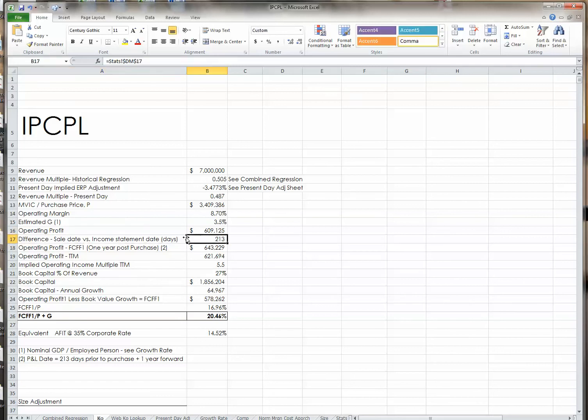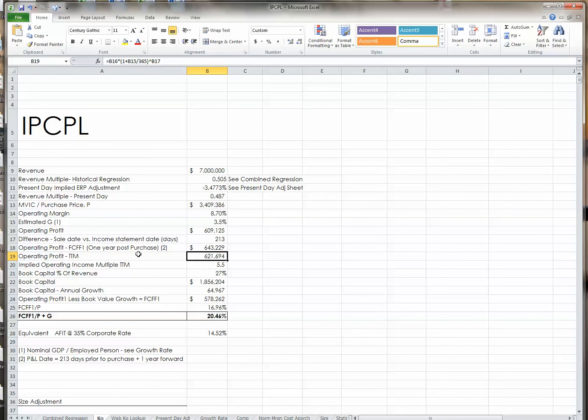But the transaction date is ahead of the income statement date by roughly 213 days. So we gross up profit to the transaction date for 213 days at that G to get 621,000 for the trailing 12 months.